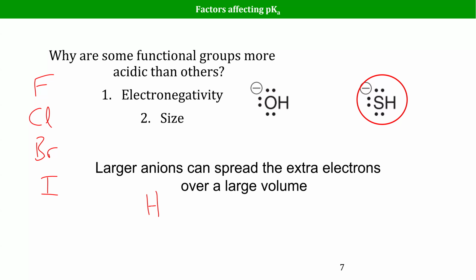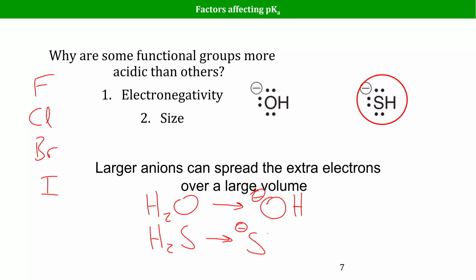And the more acidic they are, the easier they'll dissolve in water. The more acidic they are, the easier it is to pull the hydrogen off. The other way to think about this that's going to be really helpful when we talk about resonance, because that's our third variable.